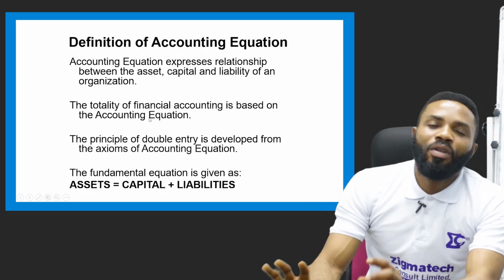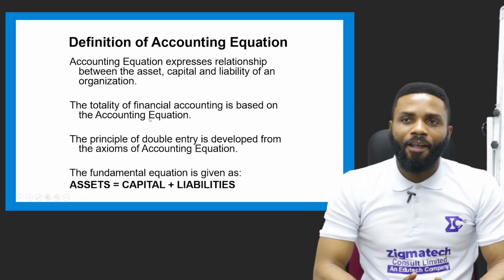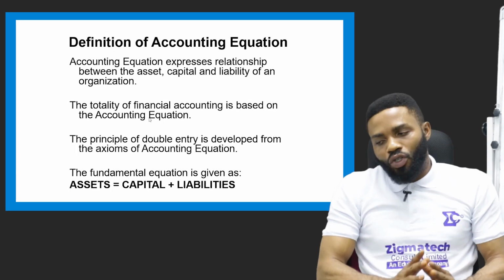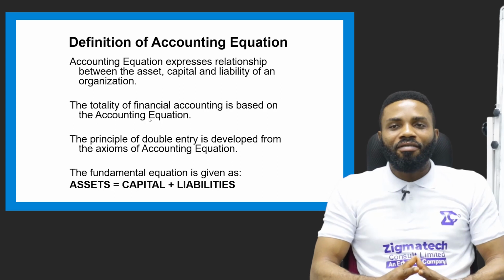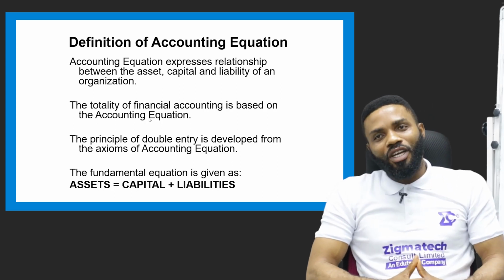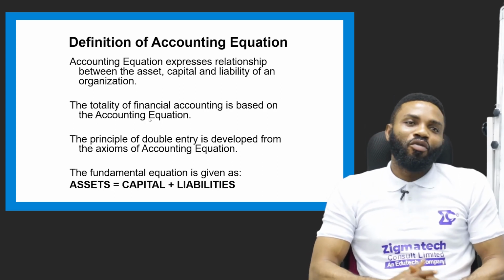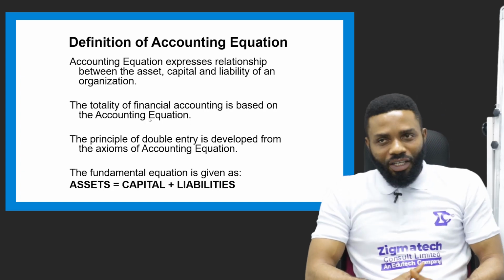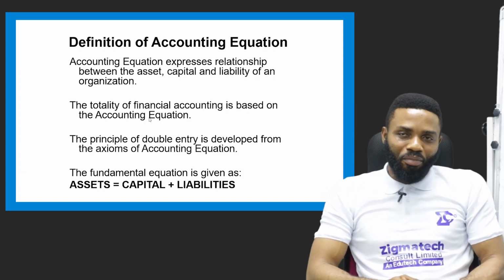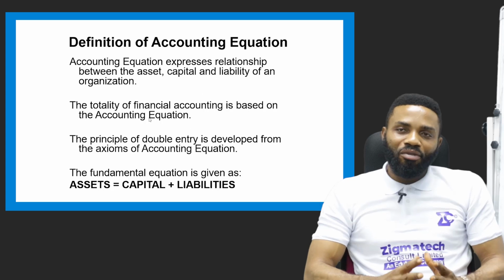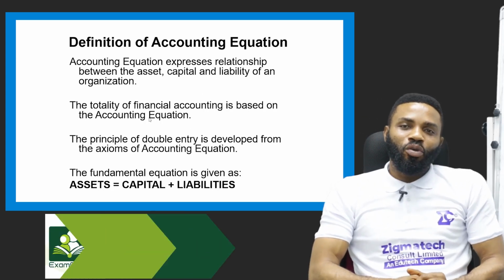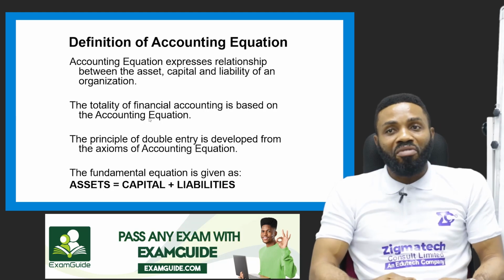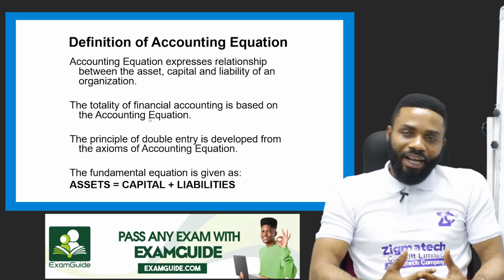Let's go. Now, the first thing I want to explain here is what accounting equation is all about. We have a very positive and significant relationship with mathematics. If you want to go into accounting as a course or as a discipline, you must be grounded in mathematics, because there are some mathematical tools that will be used to explain certain transactions in accounting.